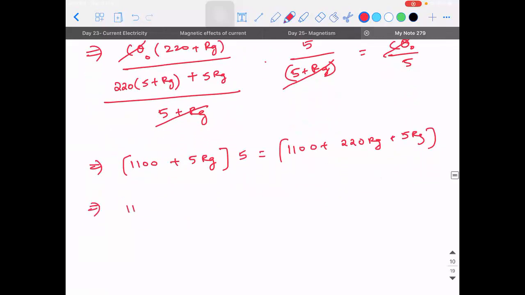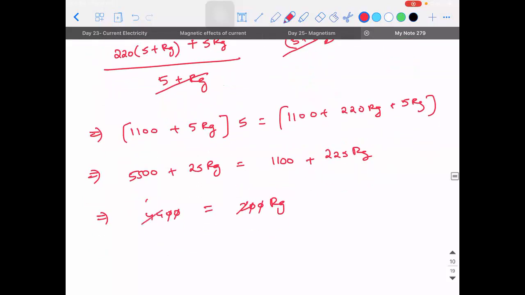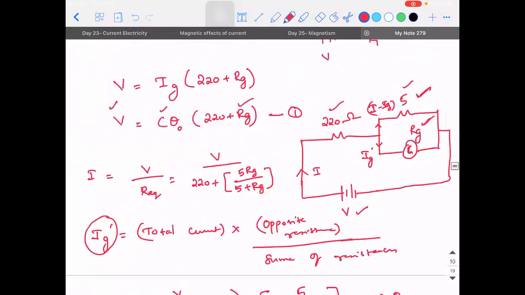So that implies 5,500 plus 25 Rg is equal to 1,100 plus 225 Rg. So 4,400 is equal to 200 times Rg, cancel. So what is the value? Is there an option?